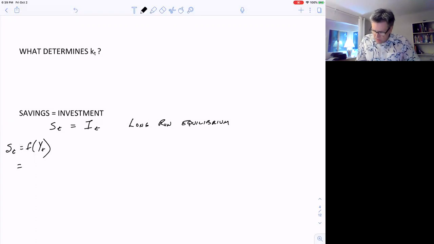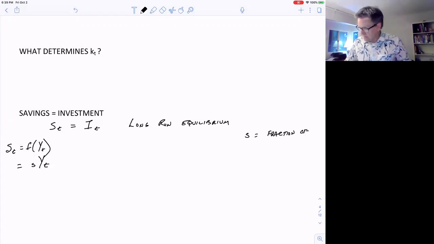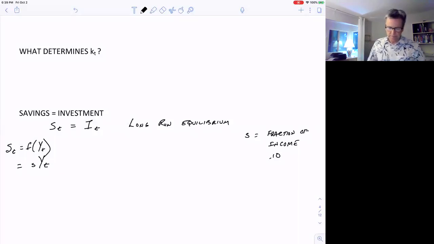So it's going to be equal to little s times y at time t, where little s is going to be equal to some fraction of income. It's exogenous. So something like 10%, 0.10. That would mean that people save 10% of their income. Okay, so similar to the Keynesian thinking here, that the more people make, the more they spend a certain percentage of their income, and they save the rest.